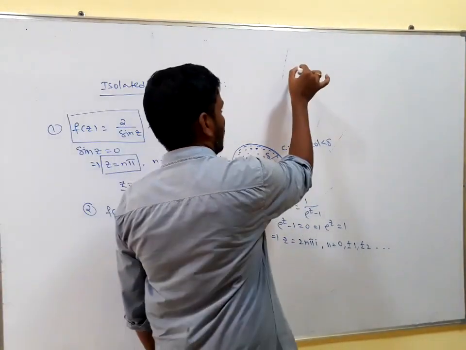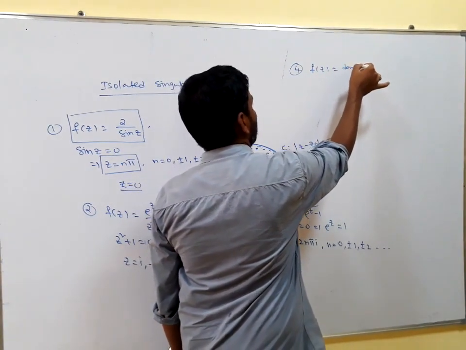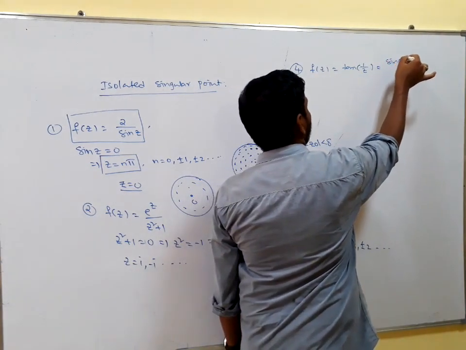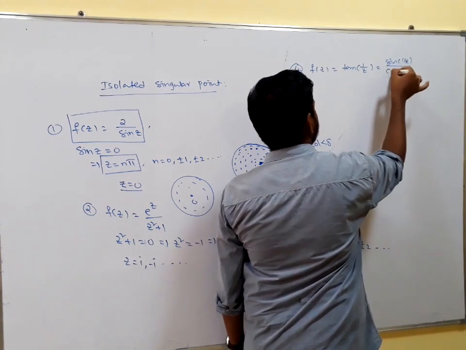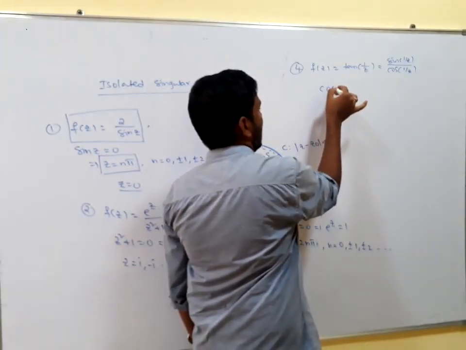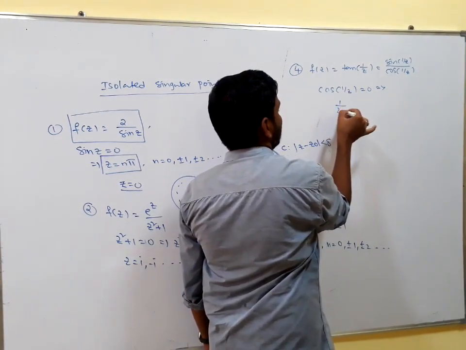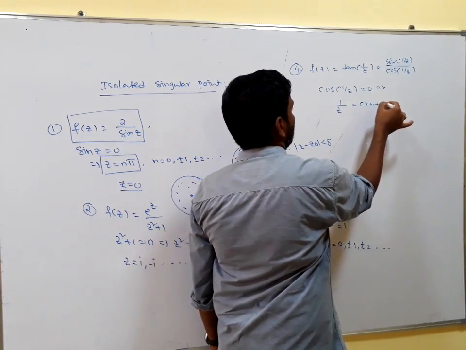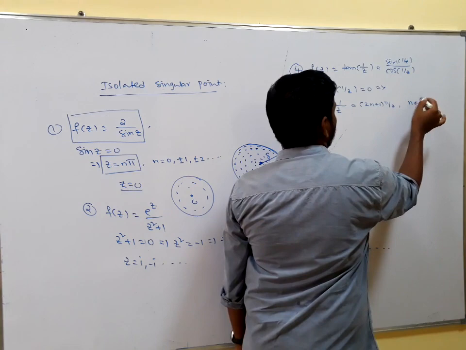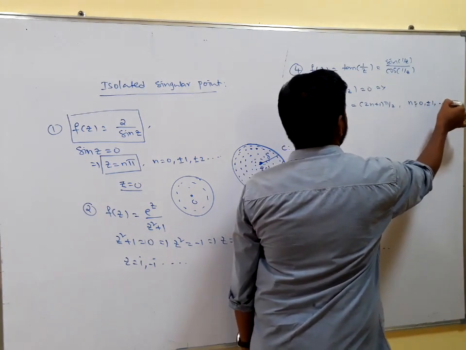Next, take one more example, f(z) = tan(1 by z). Here tan(1 by z) can be written as sin(1 by z) divided by cos(1 by z). Now it is a rational function. The singular points are given by cos(1 by z) = 0. That implies 1 by z = (2n + 1) times π by 2, where n = 0, ±1, ±2, and so on.